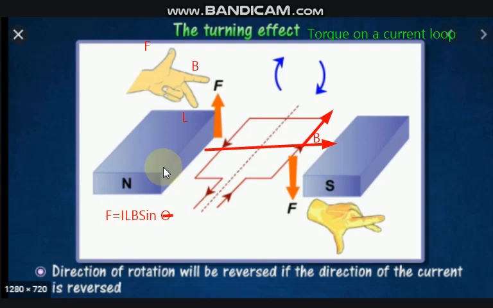So the magnitude of the force is the same, but the direction is opposite, because the direction of the currents is opposite in these two segments. So such forces which have the same magnitude, but their line of action is not the same, give rise to a couple, and the couple causes the turning effect, or produces the torque in this current loop.